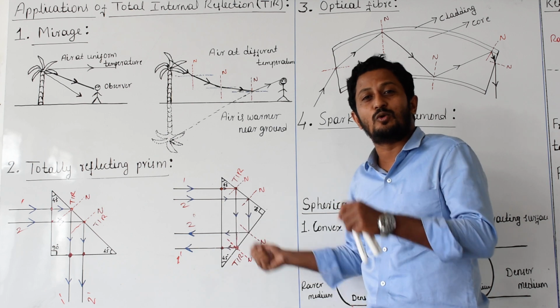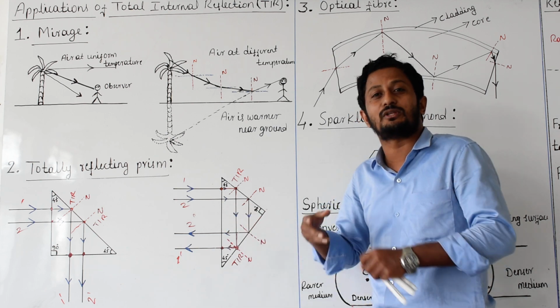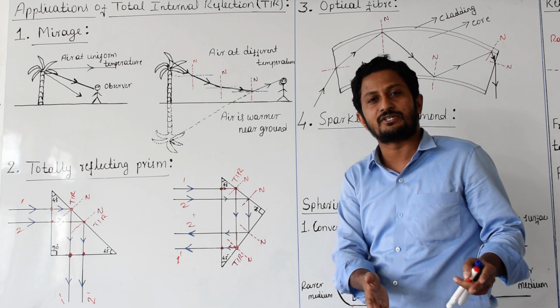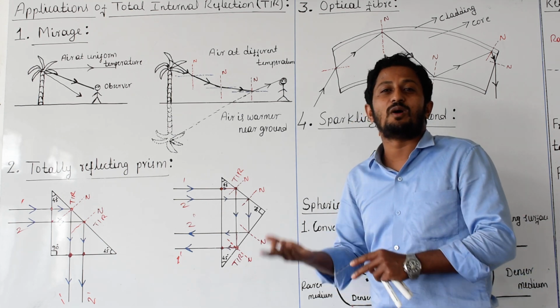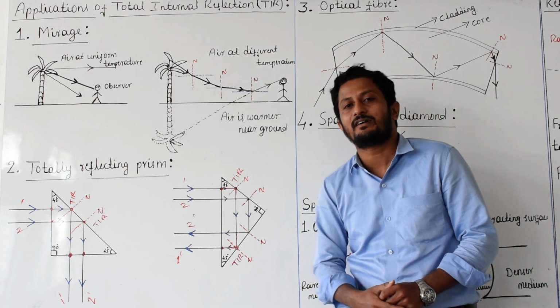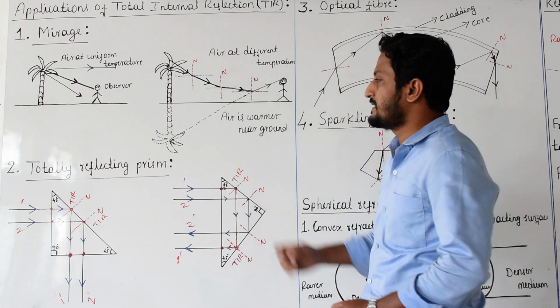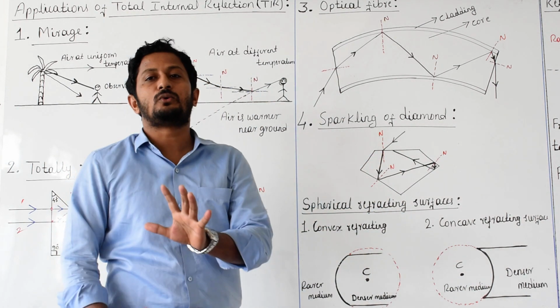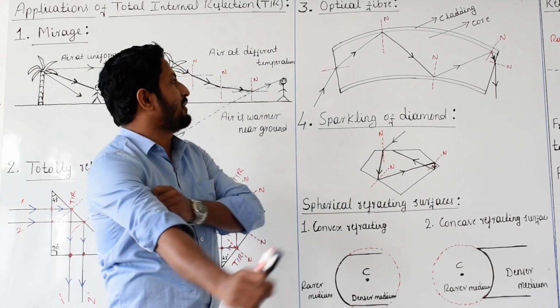Based on their orientation or position, we get 90 degree deviation and even 180 degree deviation, all because of the TIR phenomenon. This is the second application of total internal reflection.